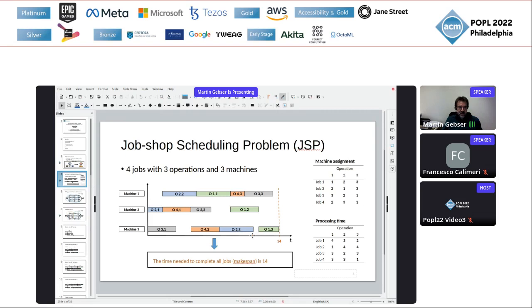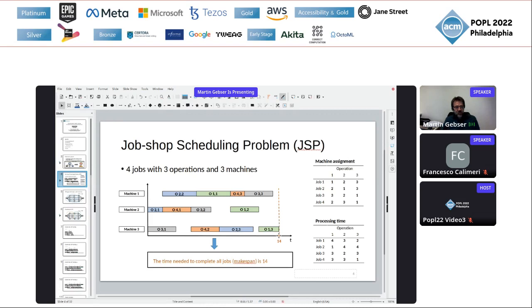At some point, the jobs get completed. One of the possible optimization targets, there are several versions of the problem, is how long it takes to schedule all of these operations. In this example, which is here for illustration, it is time point 14.